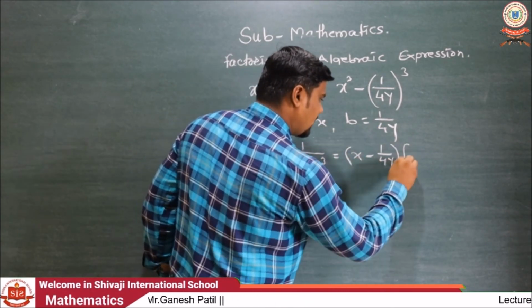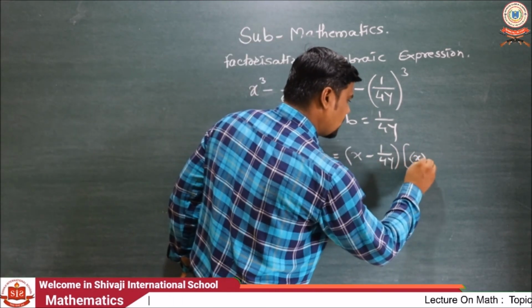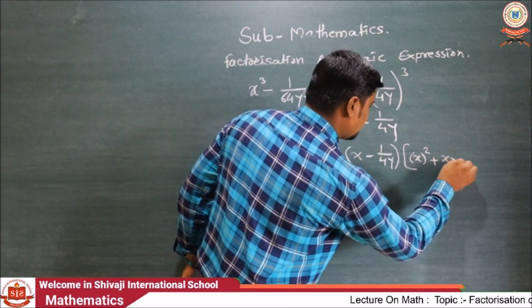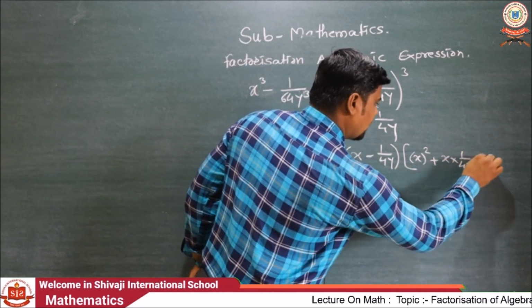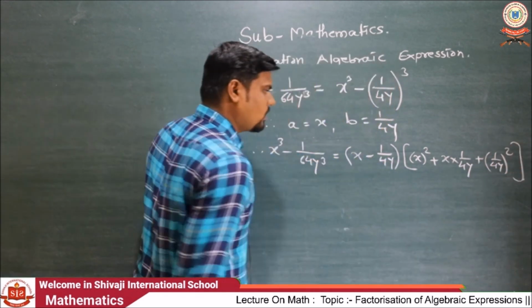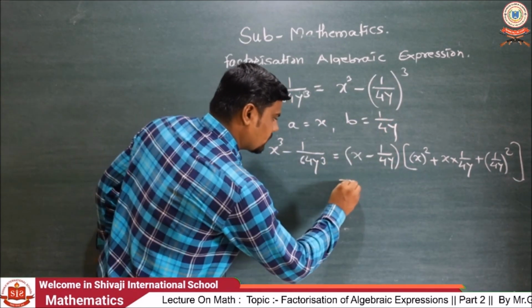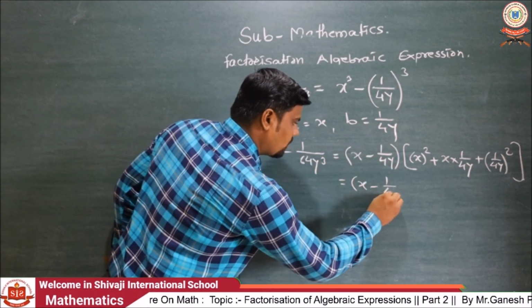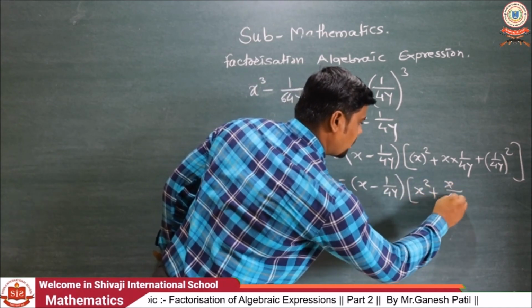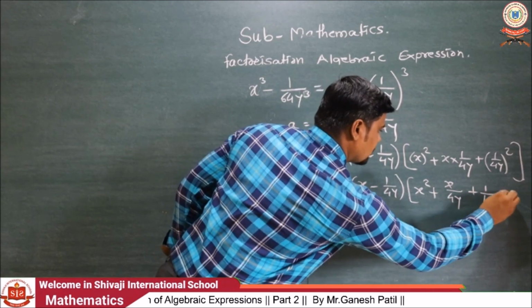Okay. And in another bracket, a² means x², plus ab means x into 1/4y, plus (1/4y)², because the value of b is 1/4y. So (x − 1/4y)(x² + x/4y + 1/16y²).